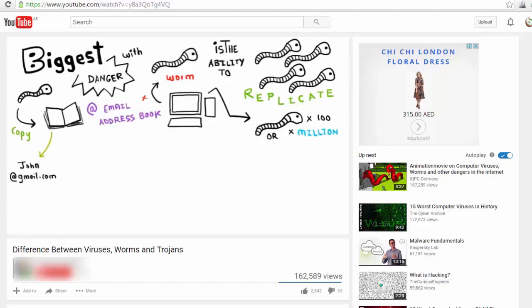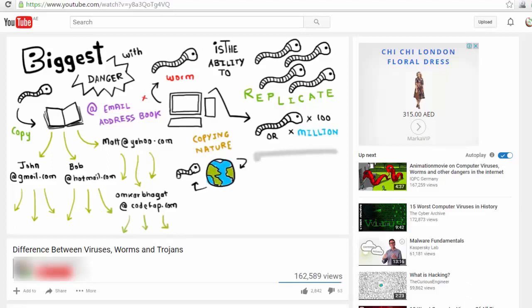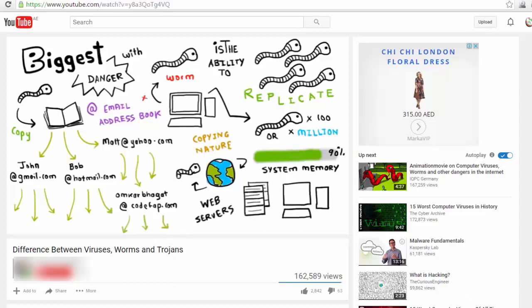Then the worm replicates and sends itself out to everyone listed in each of the receivers' address books, and the process continues on down the line. Due to the copying nature of a worm and its capability to travel across networks, the end result in most cases is that the worm consumes too much system memory or network bandwidth, causing web servers, network servers, and individual computers to stop responding.